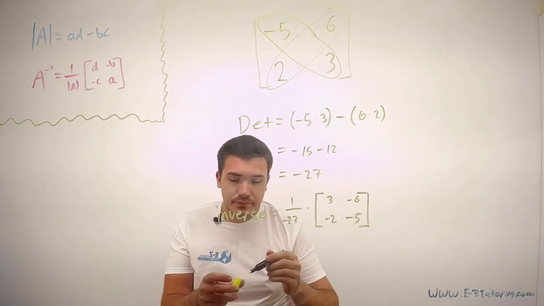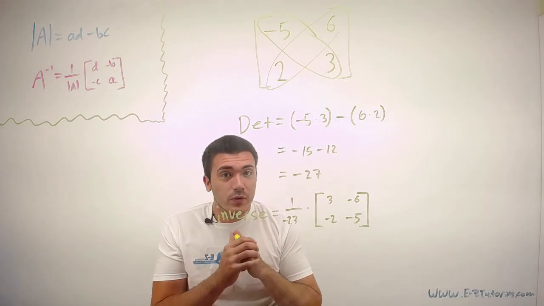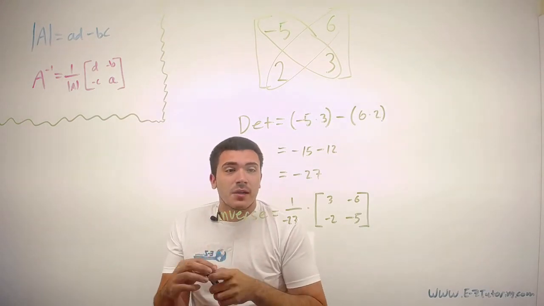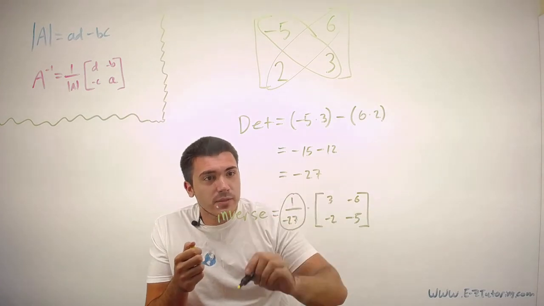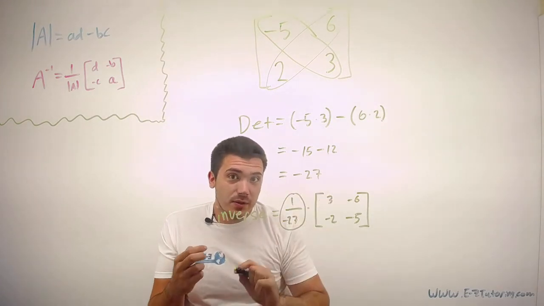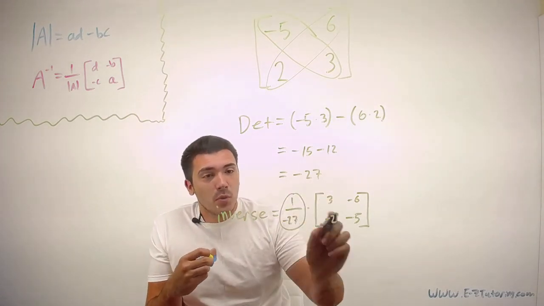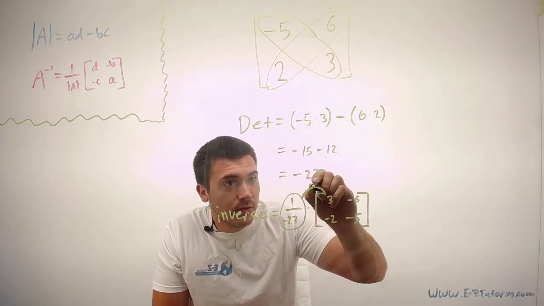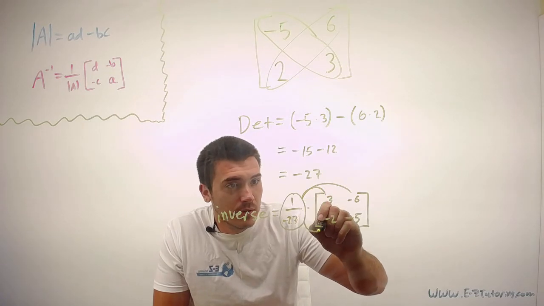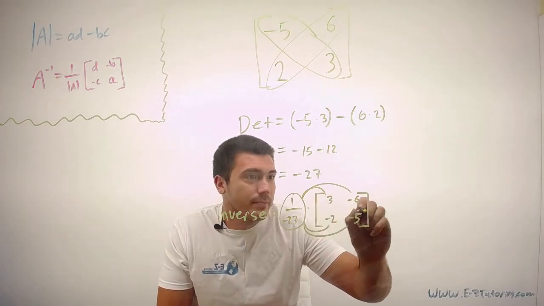Okay? There is one more step that you can do. And what you can do is you can take this number in front of the matrix and you can distribute it into the matrix. Whenever you multiply a number into a matrix, you have to distribute it to every single number in that matrix.